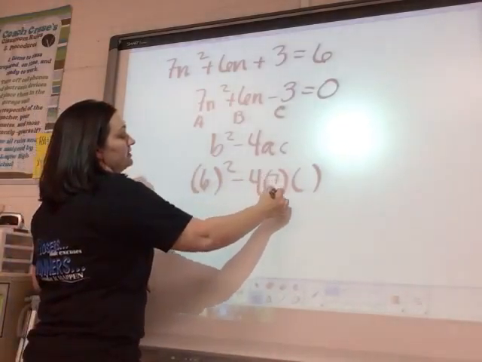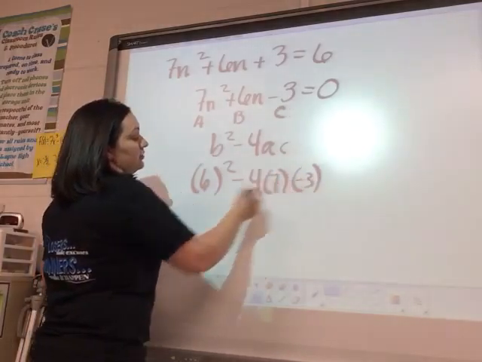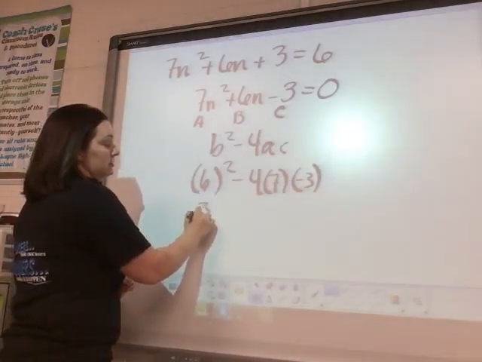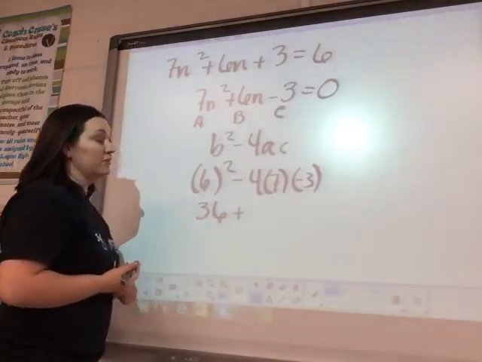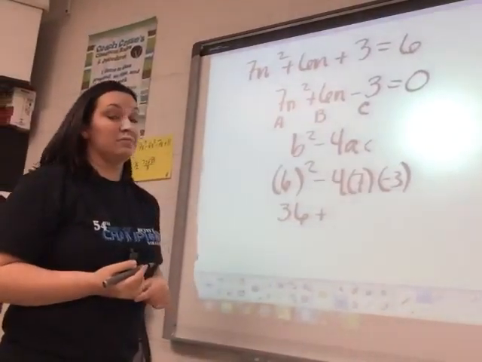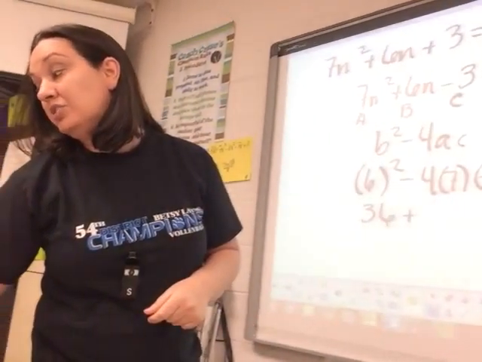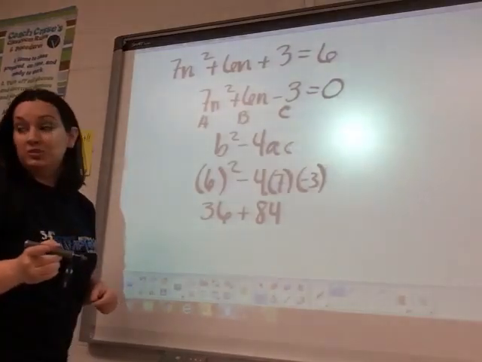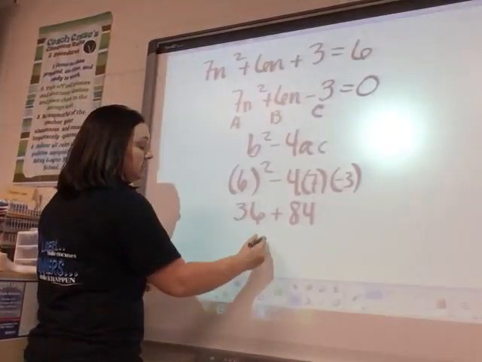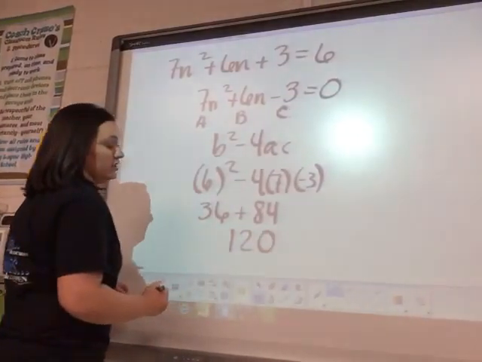In place of a is 7. And c is negative 3. Do some math here. So 36. 2 negatives make a positive. 4 times 7 times 3 should come out to be 84. Just checking my math here just to be sure. And then you add up 36 and 84, you're going to get 120.